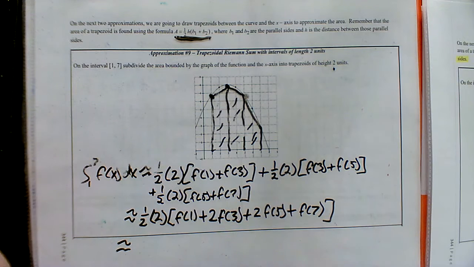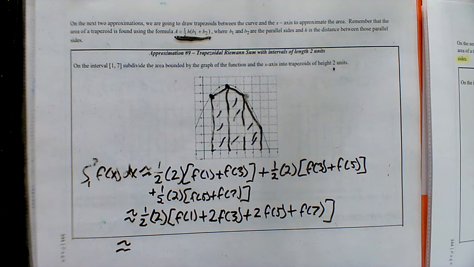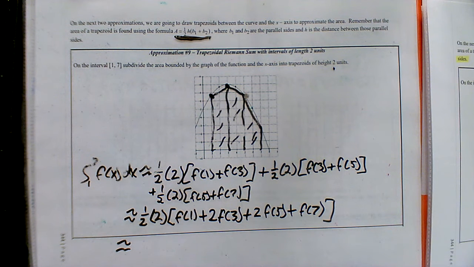I am going to let you guys do this one since this is the first trapezoidal one we've done. Again, we're approximating that same function from the beginning, so you're using the same function, but this is how we're going to have to calculate the area on the new one.